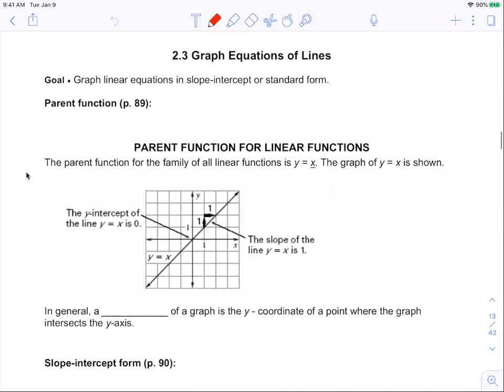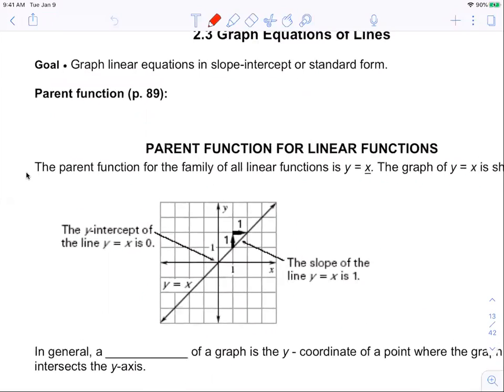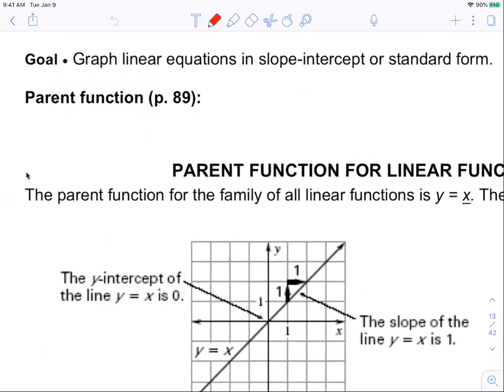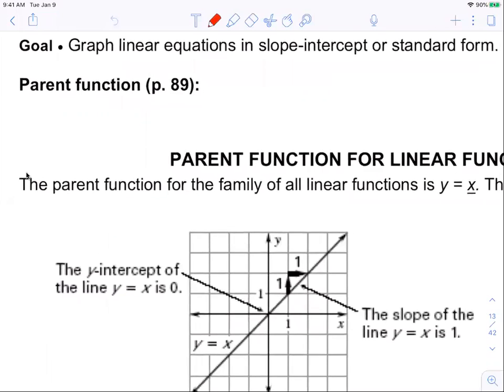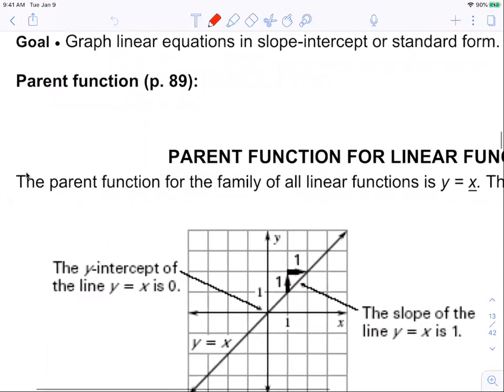So looking at section 2.3, we're graphing equations of lines, which we graphed a little bit on Wednesday with the T-chart. Well, we're done with the T-chart. We kind of recognized how X and Y are related, and now we're going to graph this in that slope-intercept form. But the first word we have, and we're going to look at this word in every single chapter that we talk about, except chapter 3, but chapters 4 through 8, we'll be talking about a parent function versus the regular function.